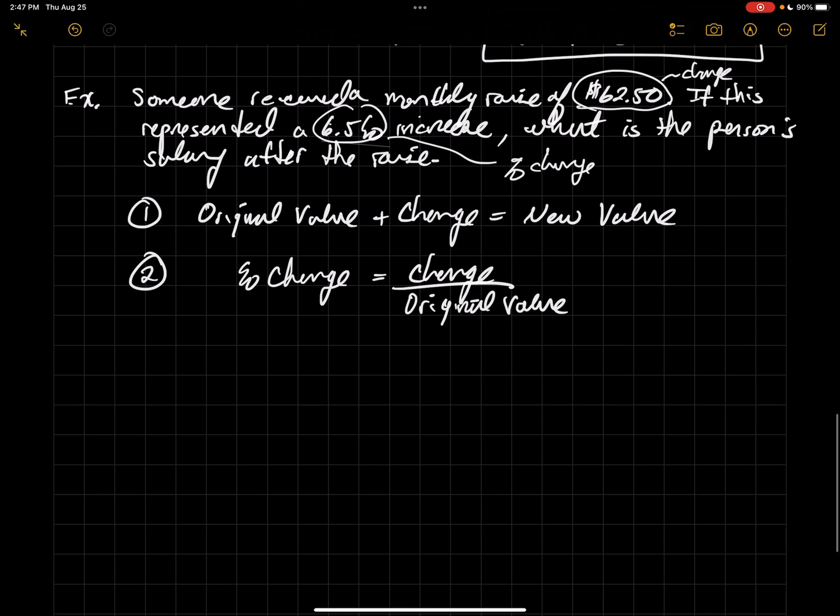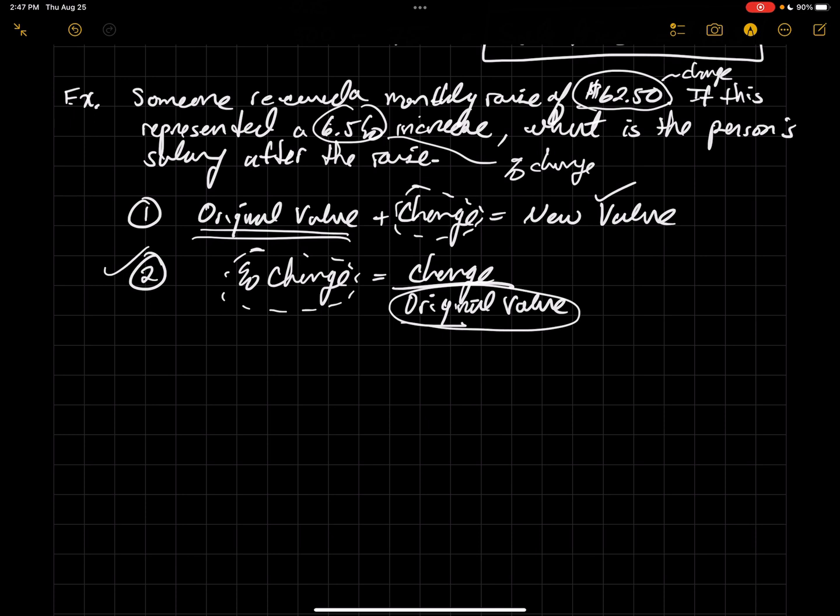And so when I look at my two equations, I know my change, I know my percent change, and I'm trying to find the new value. What I don't really have any information about is the original value. So I'm going to use equation number 2 to solve for original value and then substitute that back into equation 1 so that I can find out the new value.